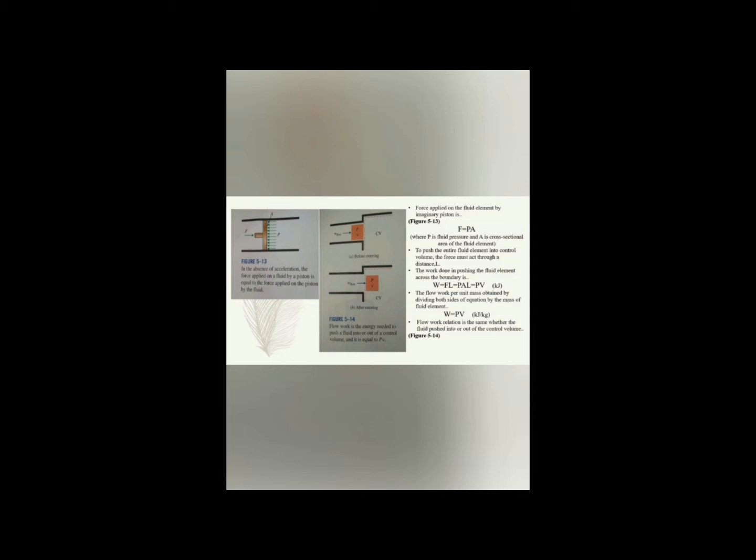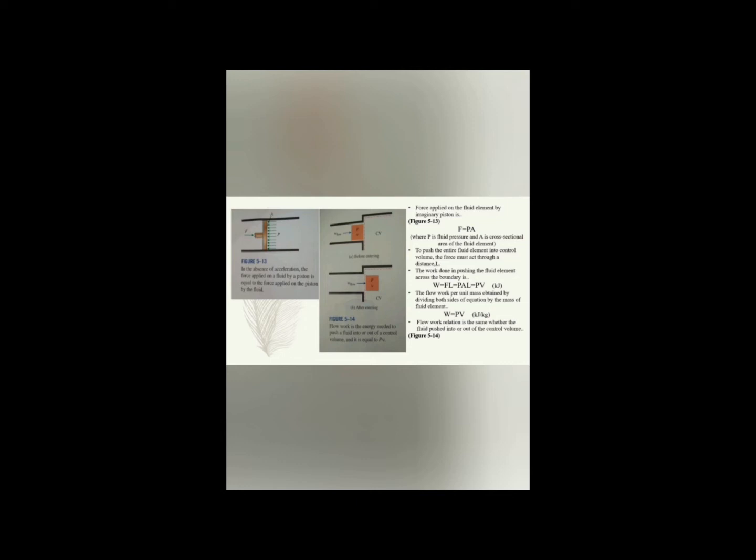The flow work per unit mass is obtained by dividing both sides of the equation by the mass of the fluid element. w equal to Pv, and the unit is kilojoule per kg. The flow work relation is the same whether the fluid is pushed into or out of the control volume.